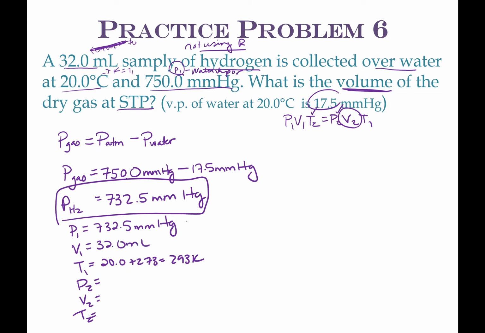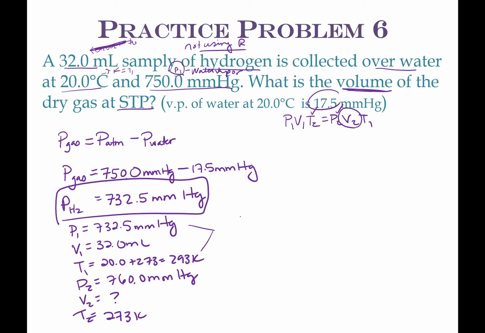So this is what we collected under these conditions. What would we have collected, or what is that same volume under this second set of conditions? Instead of being at 293 Kelvin, we're going to be at 273 Kelvin, and the pressure, instead of being 732.5, would be 760 millimeters of mercury. So we're just changing the conditions and seeing how the volume is going to react.